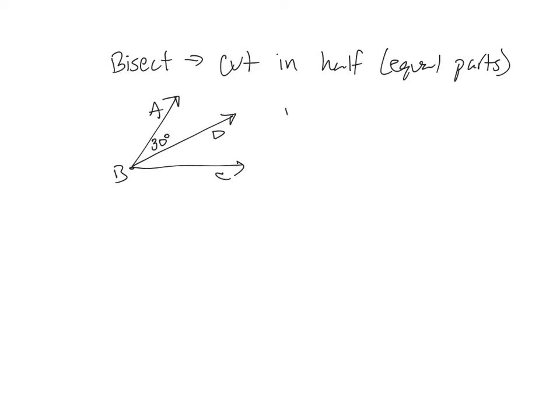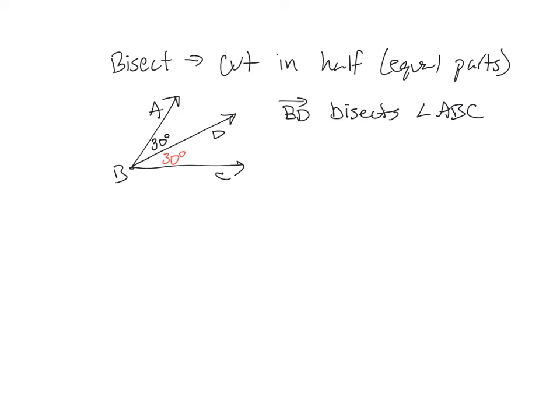And if it said that BD bisects angle ABC, then you can automatically conclude, remember it cuts it in half or it's in equal parts, that's going to be 30.